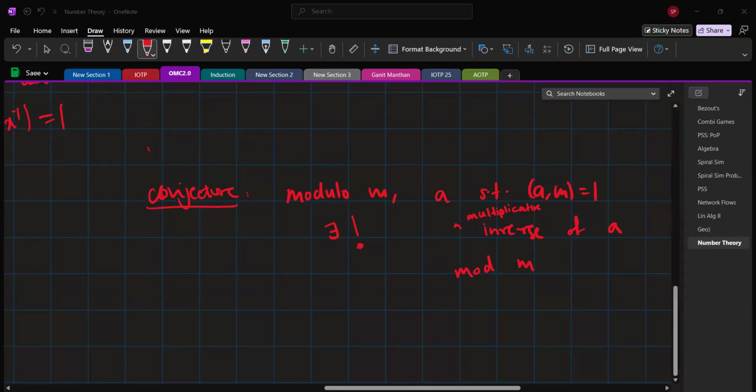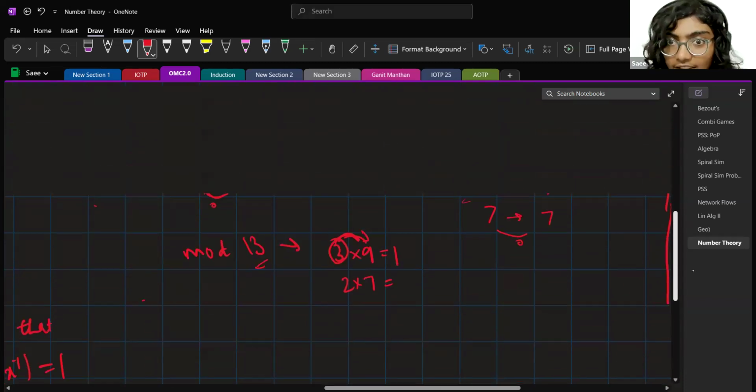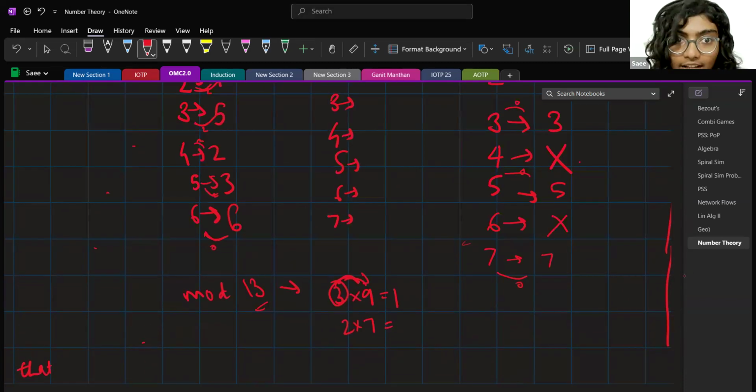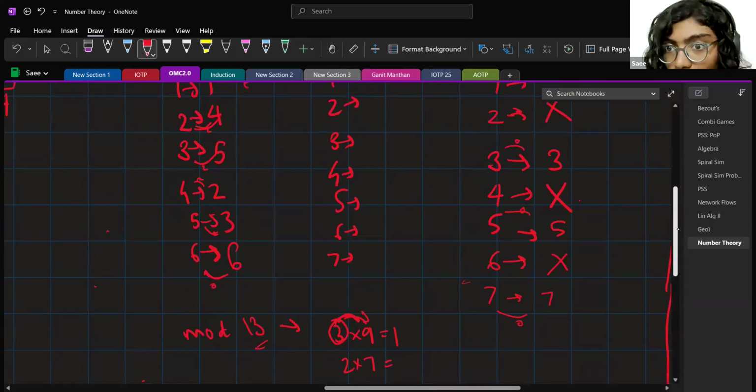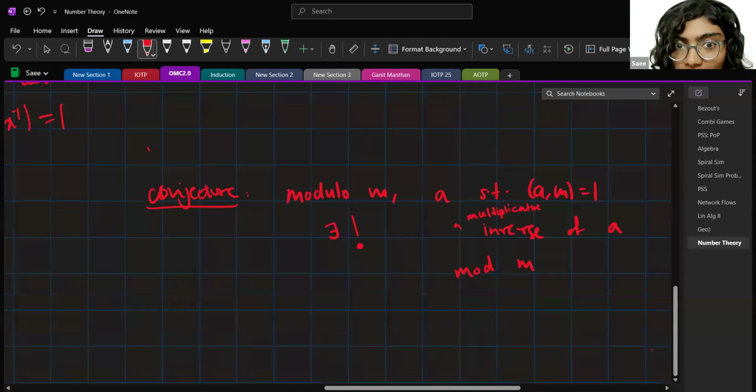Okay. So this does seem to be true so far, right? We haven't yet seen an example where one thing has two different multiplicative inverses. Also, even before that, why does there have to exist an inverse?